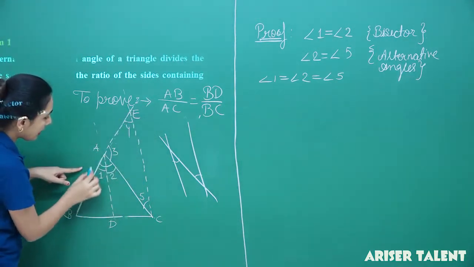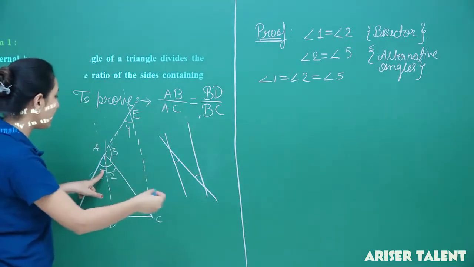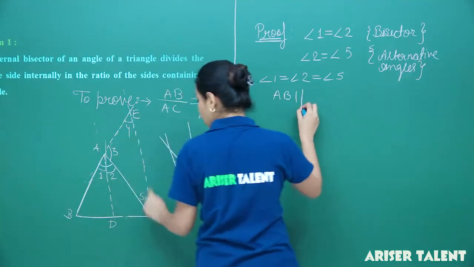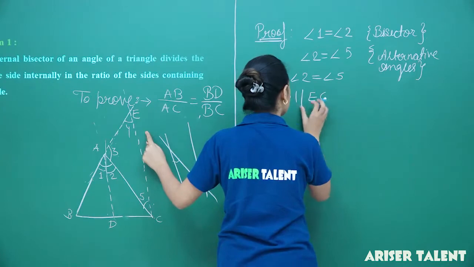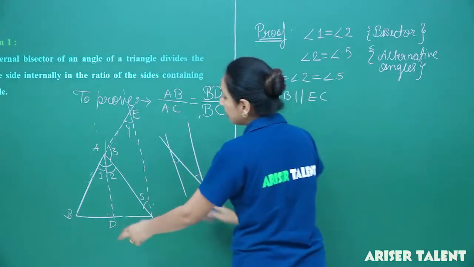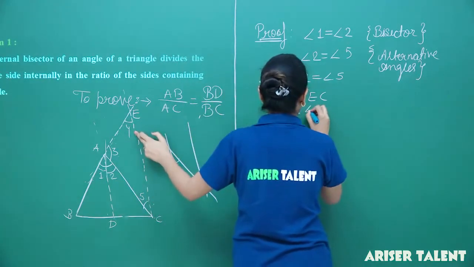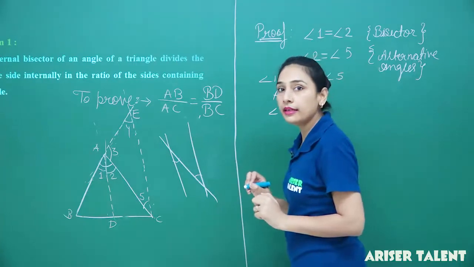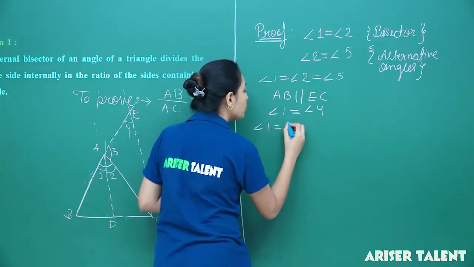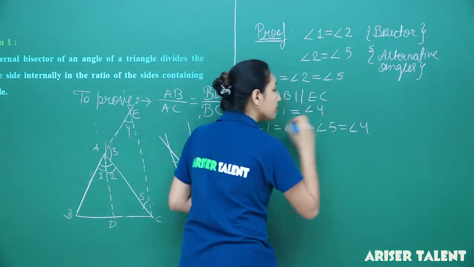This line is cutting, and AB is parallel to line EC. So, we can say that angle 1 is equal to angle 4. What does that mean? That angle 1 equals angle 2 equals angle 5 equals angle 4.